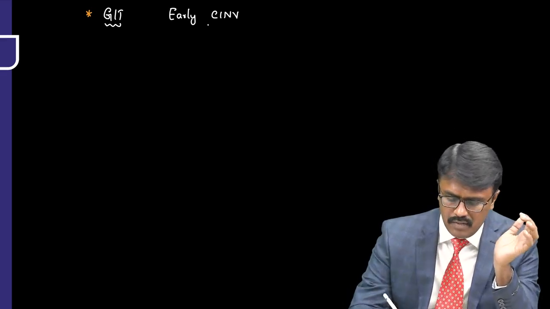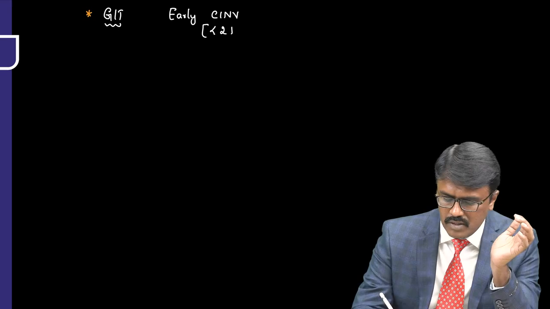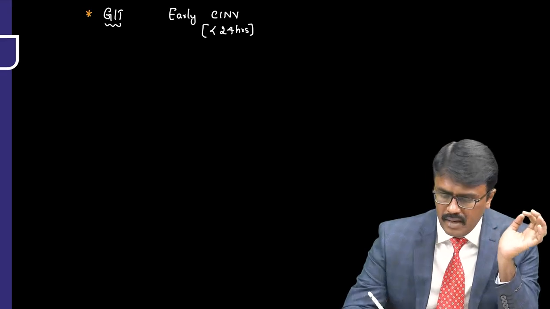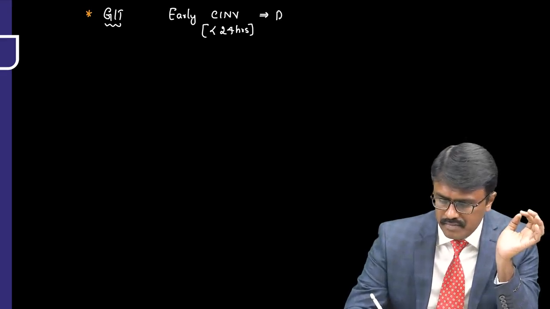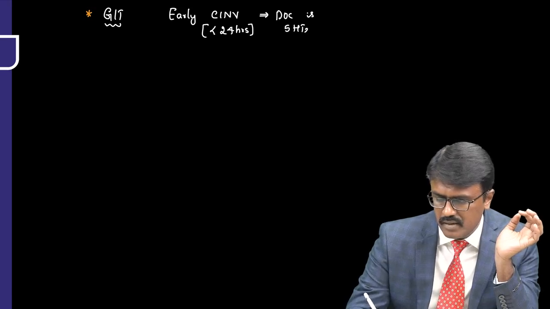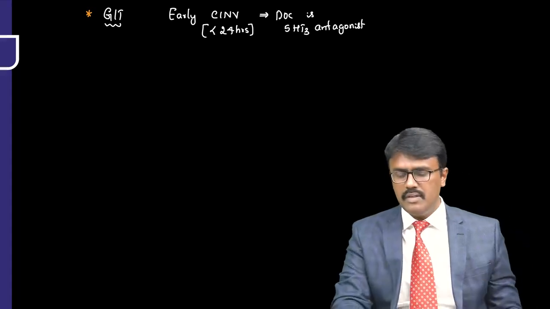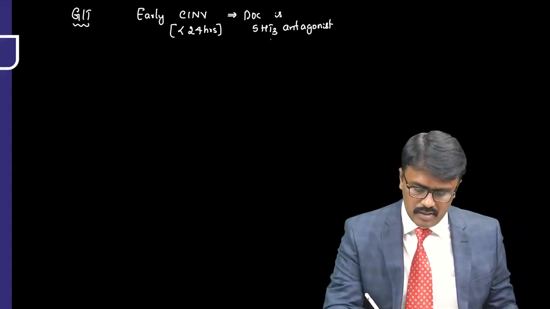So if it is occurring within 24 hours of starting chemotherapy, we call it early. And the drug of choice for that is 5-HT3 antagonist. What do they end with? All these drugs end with setron.